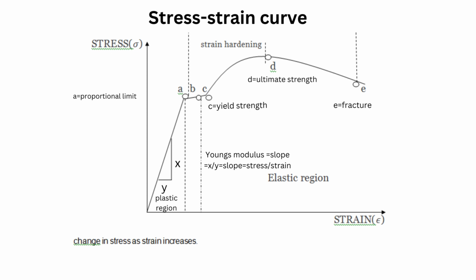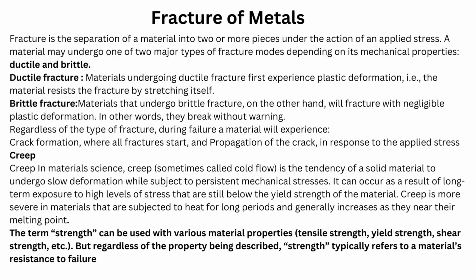Now we know that plastic deformation takes place only after the elastic limit of the material has been exceeded. This property is important in forming, shaping, extruding, and many other hot and cold working processes. Now let us look at the fracture of metals. Fracture is the separation of a metal into two or more pieces under the action of an applied stress.